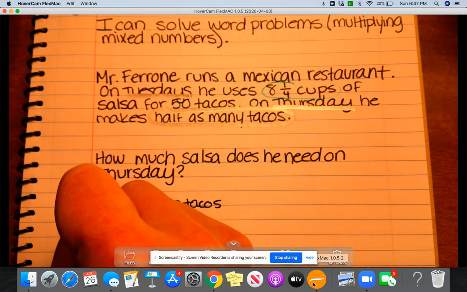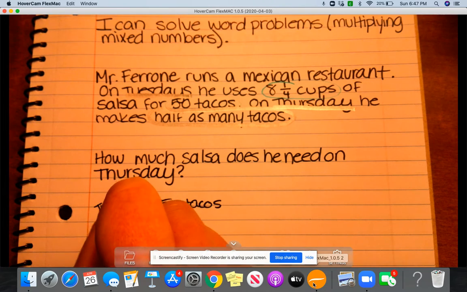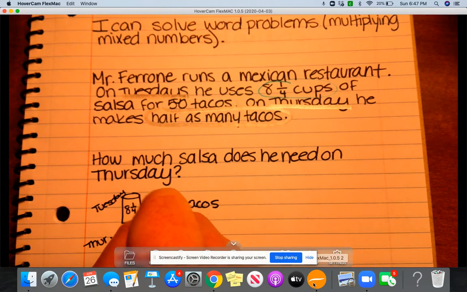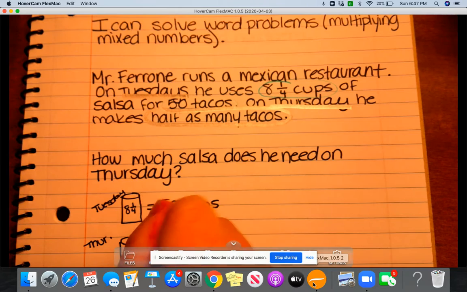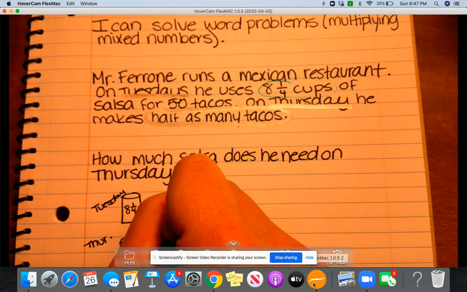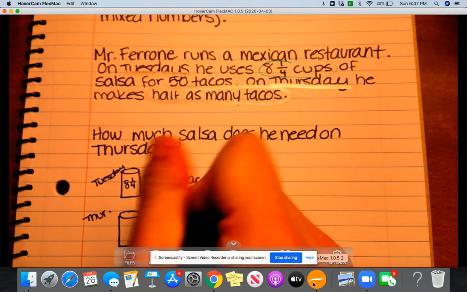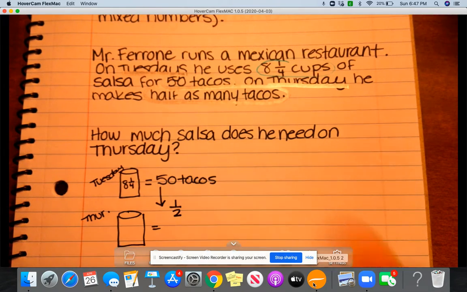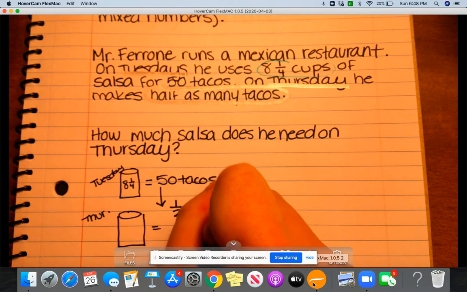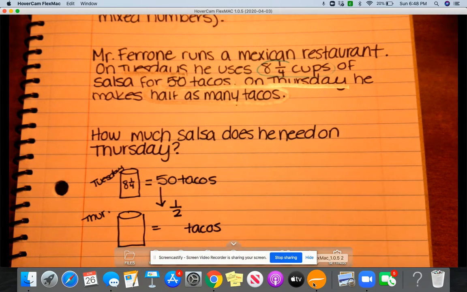On Thursday, we don't know how much he needs yet, and we know that it's half as many tacos. So we think about half as many tacos on Thursday. And we don't really know how many tacos yet. We haven't figured that out yet.